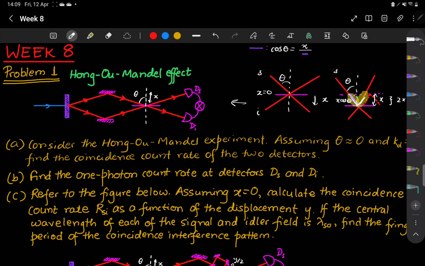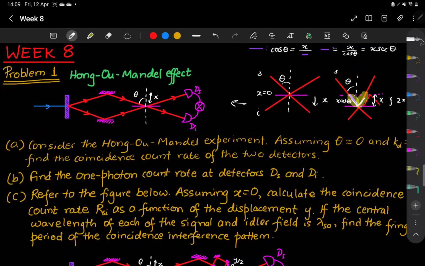So the extra path length should actually be equal to x over cos theta instead of x cos theta, that is x sec theta. But as I mentioned, this theta is very small.